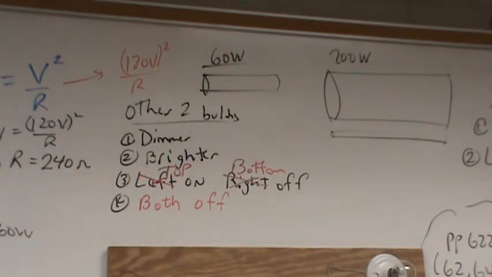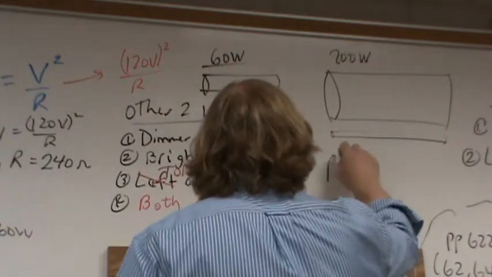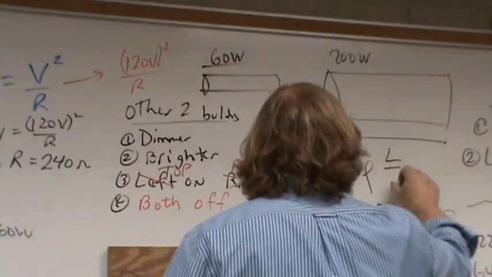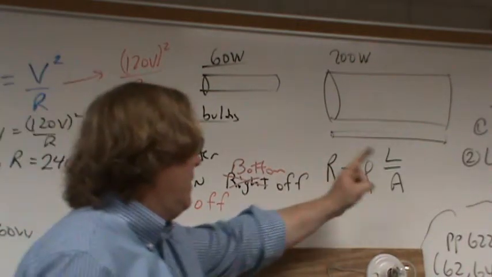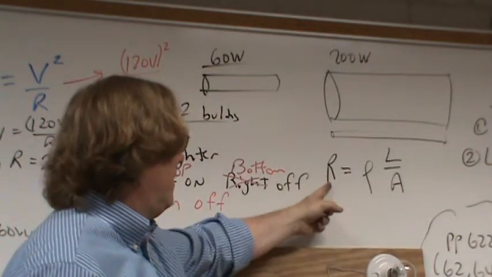Someone tell me why. Why would the 200 watt bulb filament have to be fatter? Yes, Fatima. Oh, wait. Yes, Justin. Does that have to do with the formula that involves rho? Yes, it does. You mean the formula resistance equals rho times L over A? Yeah. Please tell me more. If the wire's fatter, it has a larger cross-sectional area, which means the resistance would be smaller.